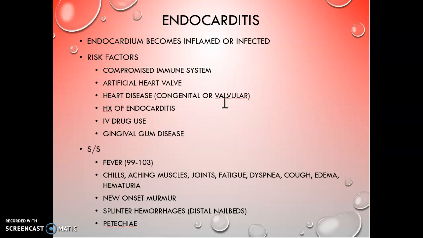So if they get hit in the mouth, they're given like 2,000 milligrams of penicillin, and then so much every 4 hours for the next 24 to 48 hours. And the same happens with any kind of dental work.